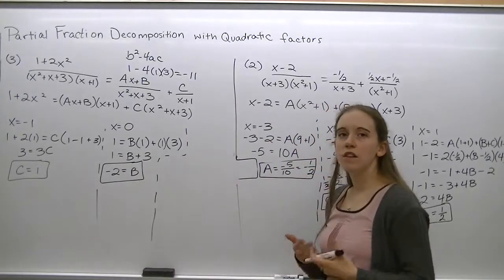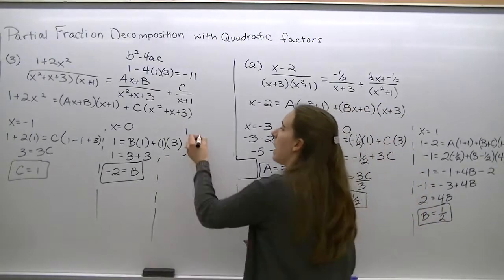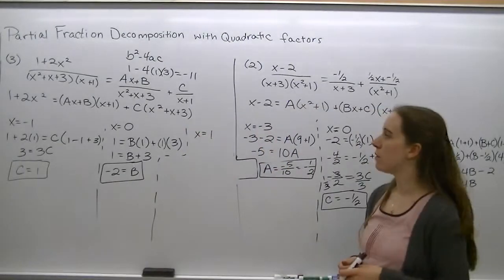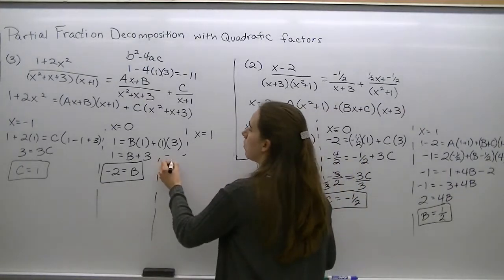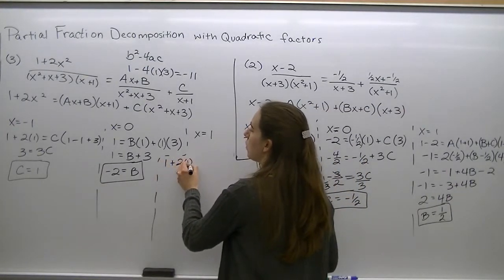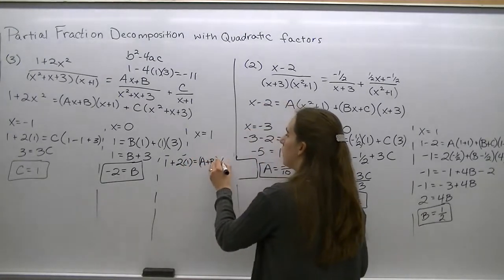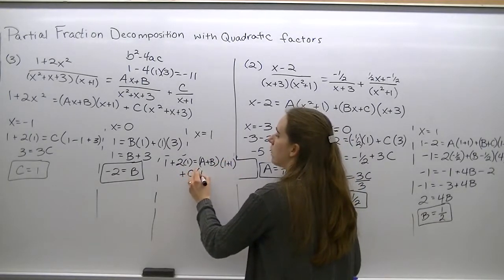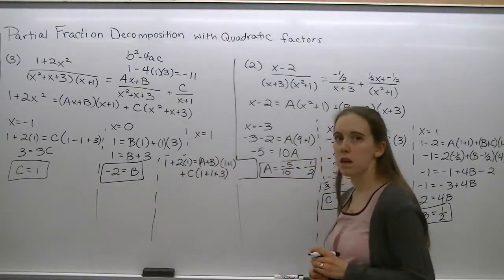So let's choose as our last value of x in order to find a. Let's choose x equals 1. Again, just for the ease of the arithmetic that goes on. So I have 1 plus 2 times 1 squared equals a times 1 plus b times 1 plus 1 plus c times 1 squared plus 1 plus 3.